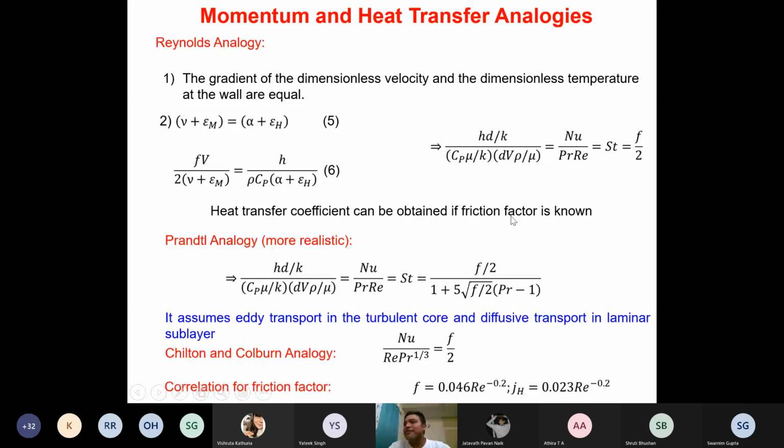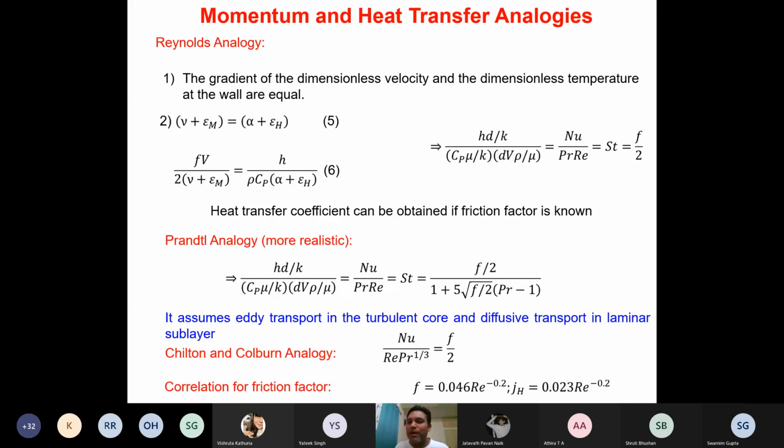So why is this result very important? Because now, just by looking at the Reynolds number versus friction factor chart, which is nothing but the Moody friction factor chart, we can find out the friction factor corresponding to a particular Reynolds number.